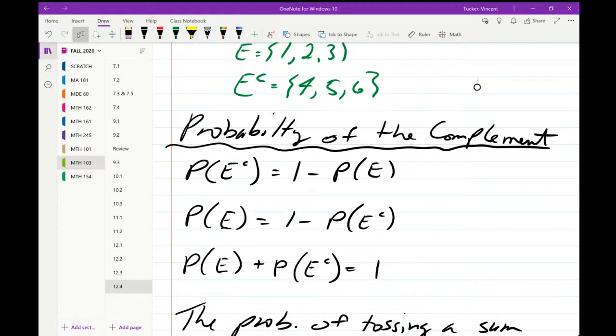If you're looking at the probability of E to the C, or the probability of the complement, you would do 1 minus the probability of your actual event. Or if you wanted to find the probability of your event and you had the probability of the complement, you can subtract that from 1. Or if you have both of them, when you add them together, they should equal 1. So all of those are the same relationship, just manipulated a different way to be able to solve for whatever it is you're looking for.